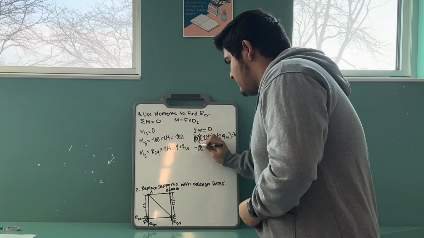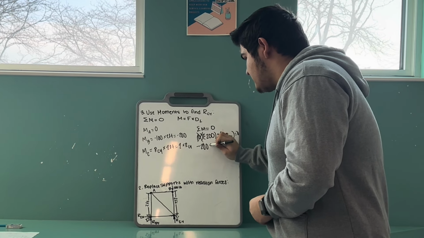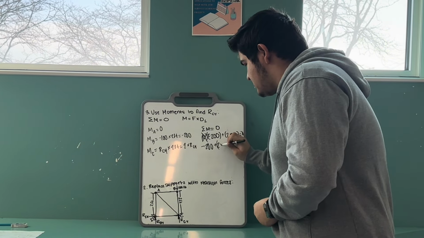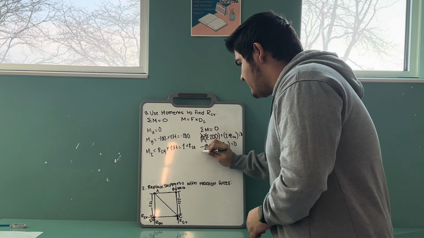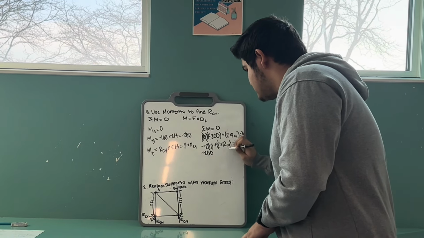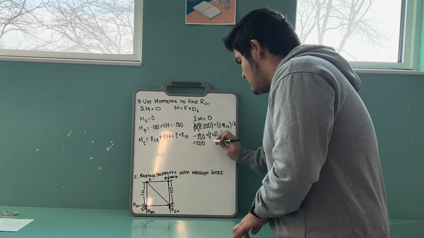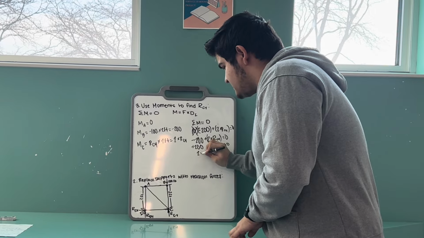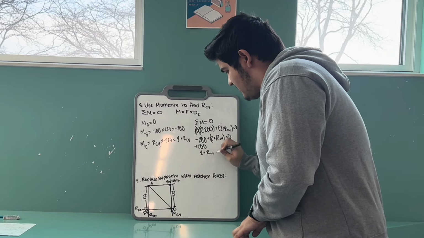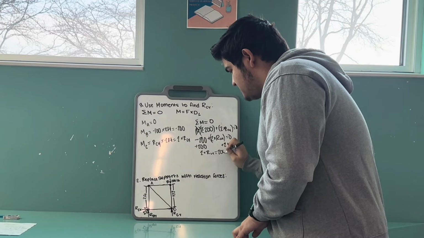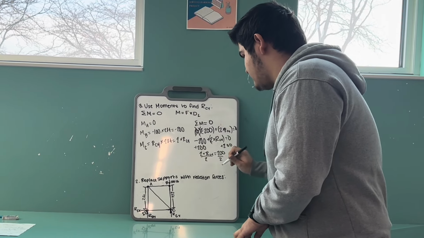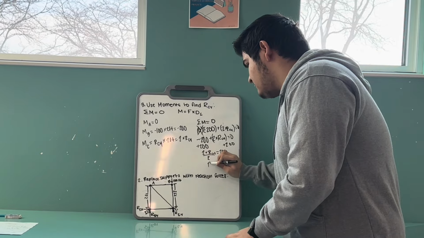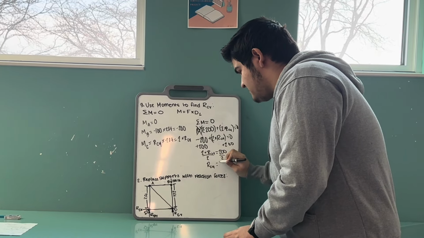So now all we have is negative 200 plus 2 times RCY equals 0. We add 200 to both sides, so now we have 2 times RCY equals 200. Then we divide both sides by 2 to get RCY by itself, and RCY equals 100 pounds.